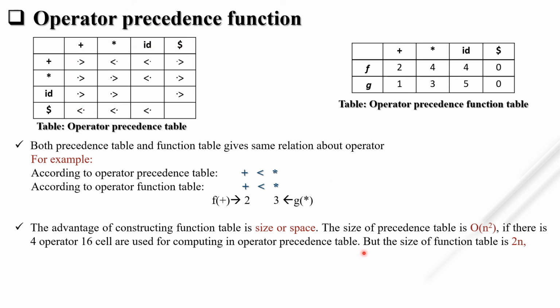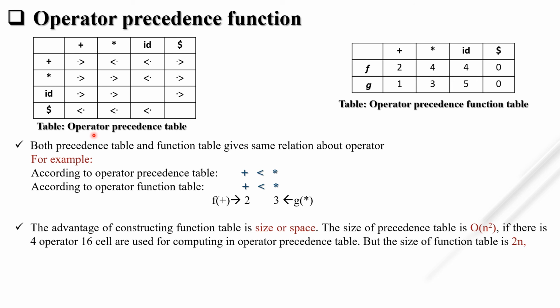But in the operator precedence function table we use only 2 into n, that is 8. Here n square is 16 cells. So we use half the cells in the function table, and in the operator precedence matrix we use 16. This is the major advantage of the operator precedence function compared to the operator precedence table.